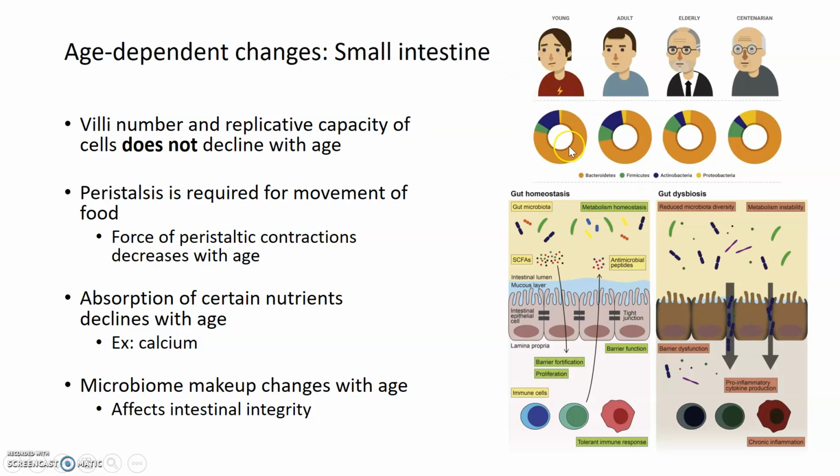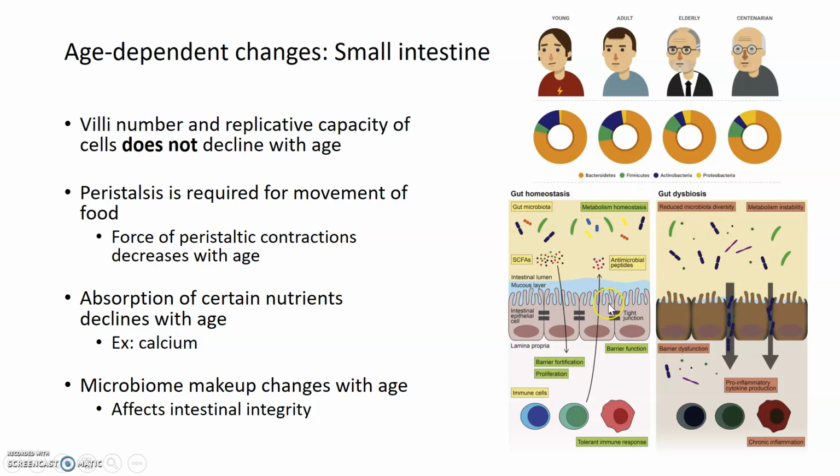So, for example, younger people have more actinobacteria, whereas elderly and older people have more proteobacteria and firmicutes in their gut microbiome. And the type of bacteria doesn't really matter for the purposes of this class, but what's important to know is that the microbiome's makeup and the types of bacteria in the microbiome change. And that might change the ability to digest certain molecules as well.